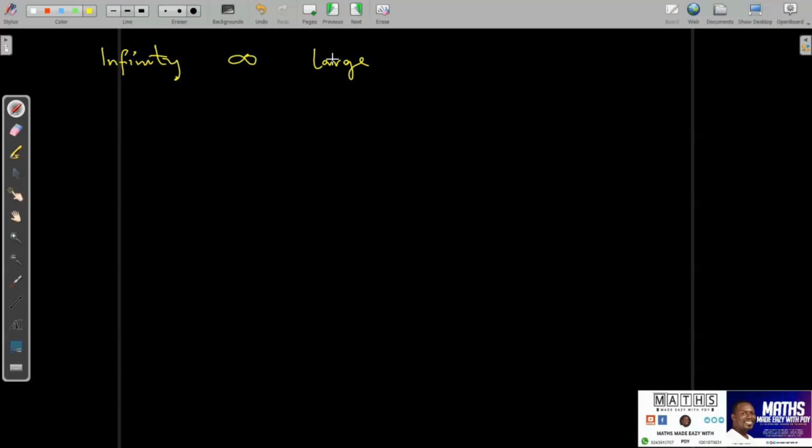So it means that in the real number system, numbers can increase from one state to the other. And therefore, we're going to find out the limits of functions in infinity.